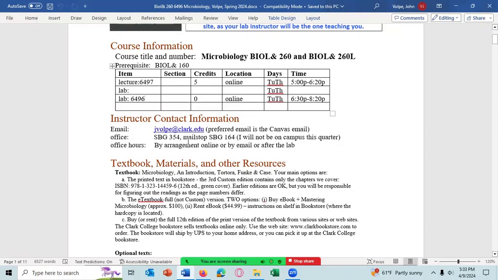There's my office. I will not be going into campus, but I do have office hours. Office hours are made by arrangement. They're made online using Zoom. And we can do it after the lab. That's the easiest time to do it because you're logged on. We just wait for other students to log off.